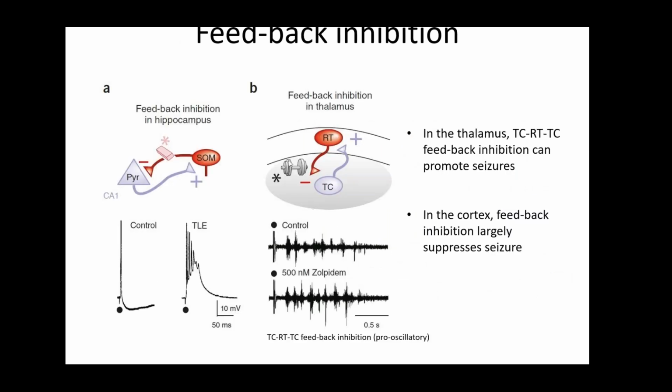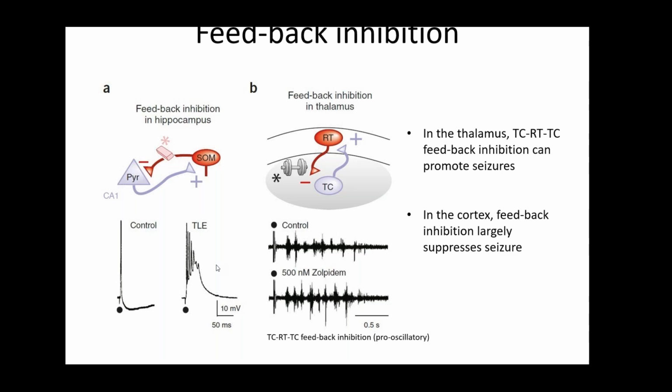The feedback inhibition is the simpler one. You see a neuron spike. All right, the spike gets an inhibitory feedback and then stops. If you damage the inhibitory feedback, then you get what's called a paroxysmal depolarization shift, where we have multiple spikes together, and that's sort of the precursor of a seizure.